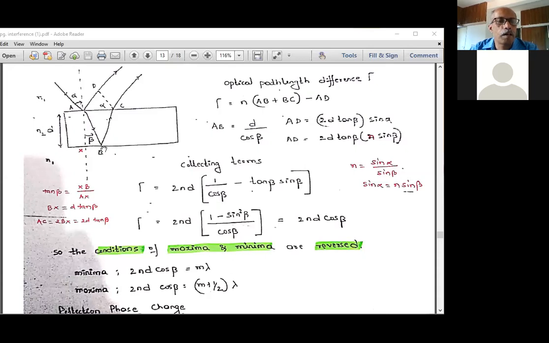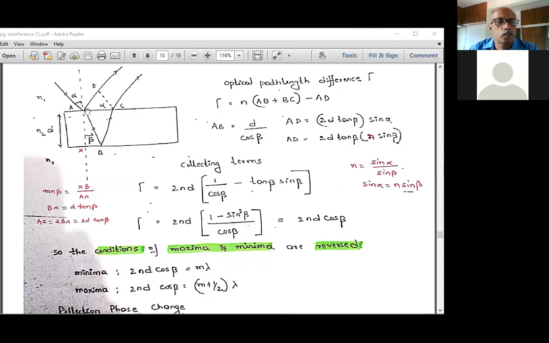It gets reflected from the lower surface of the film in this direction along BC, and at C, it gets refracted into the initial medium. Now, these two rays are parallel to one another because they originated from the same source and the medium is the same.